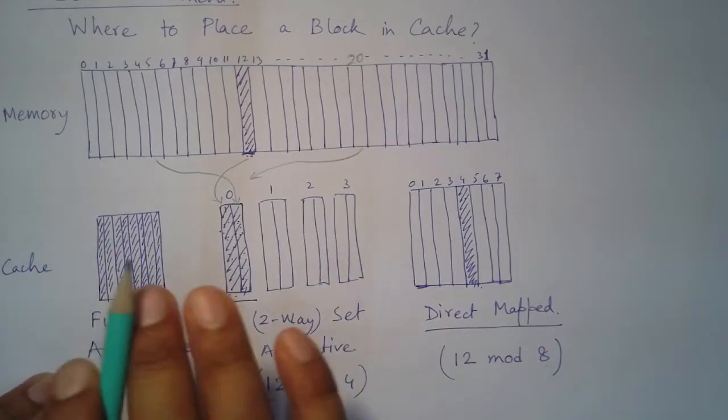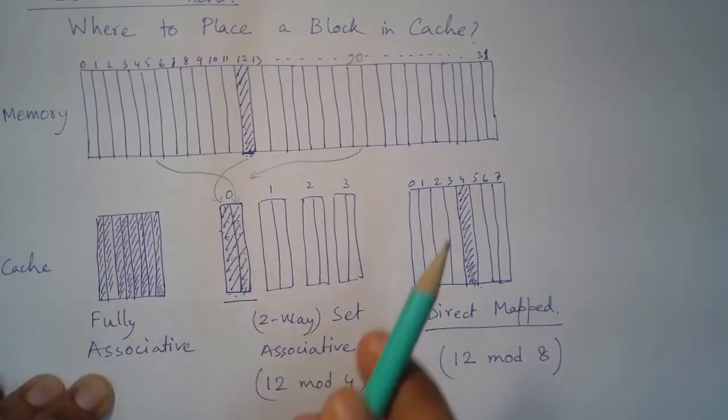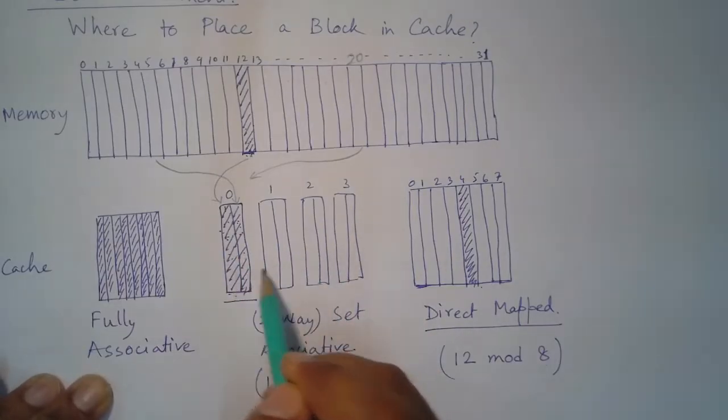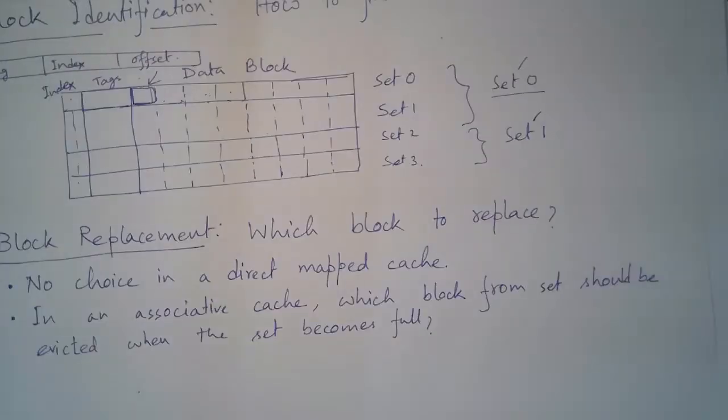So one very simple strategy could be, I just randomly evict one of them and place the new block. So the strategy which we can adopt is random.